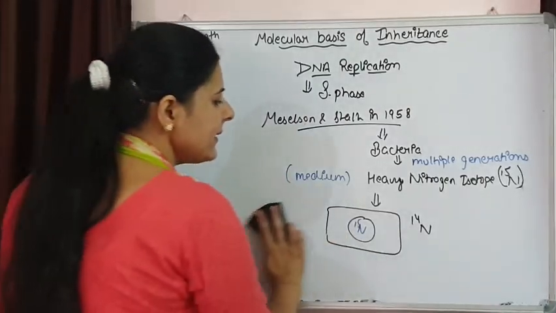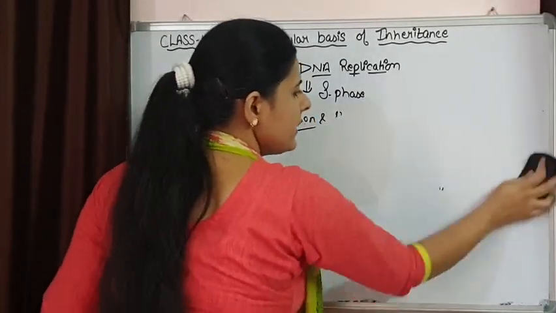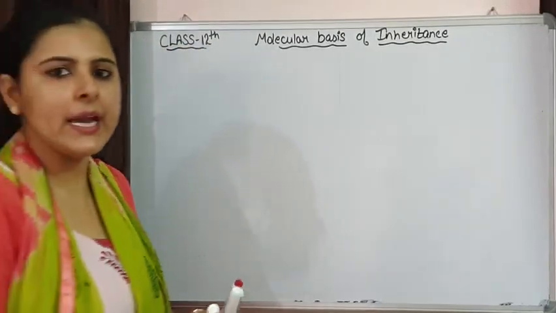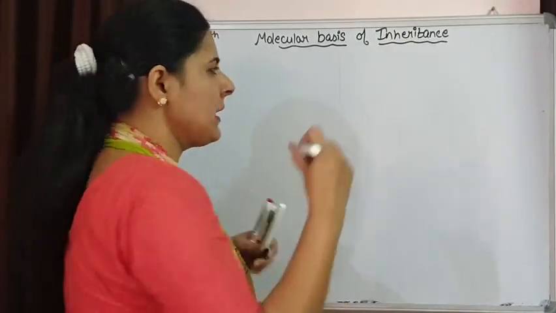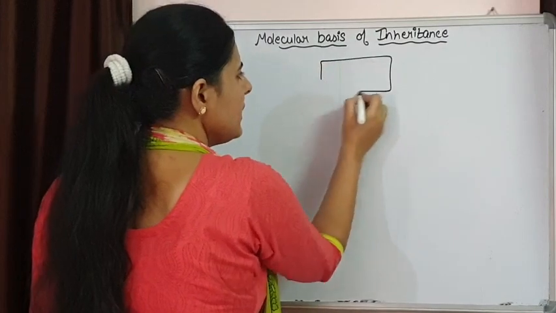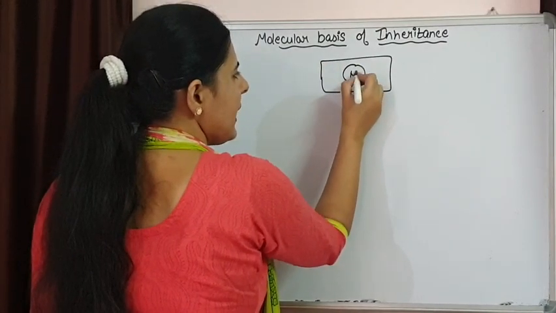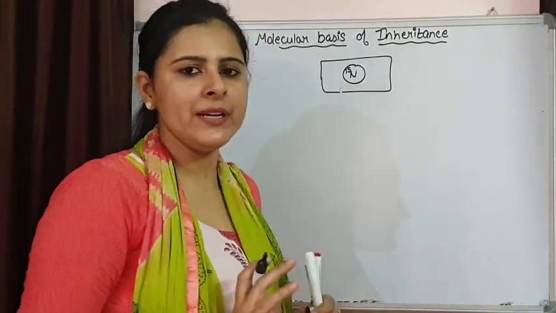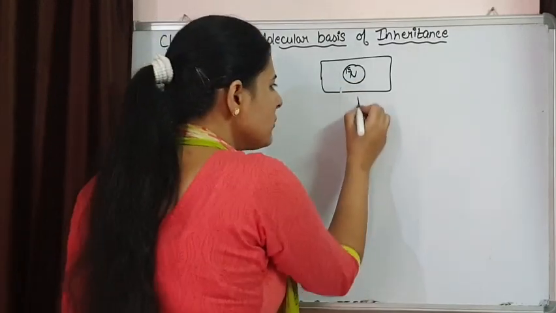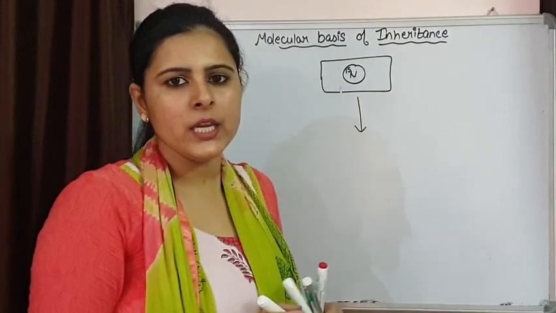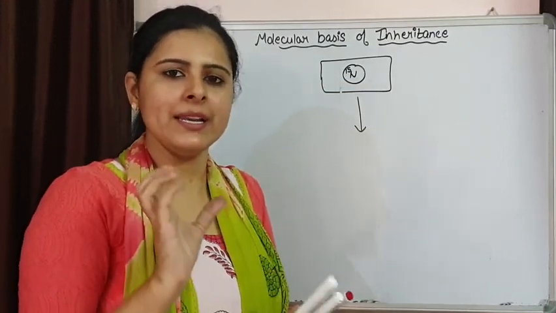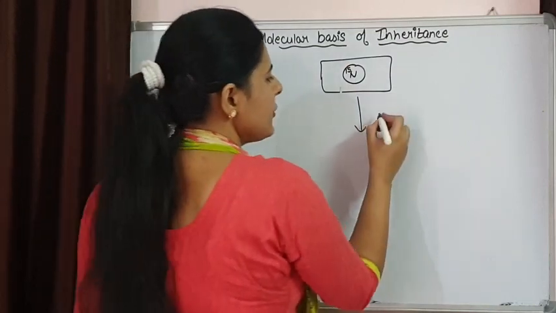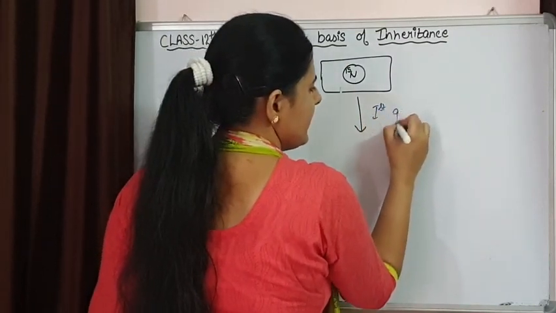Now, after recovering this bacteria, they grew it in a normal medium. Initially they had bacteria with N15 completely in their DNA. Now they grew this bacteria in a normal medium containing N14 nitrogen, and they observed it for the first generation.